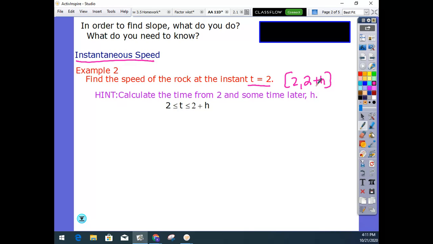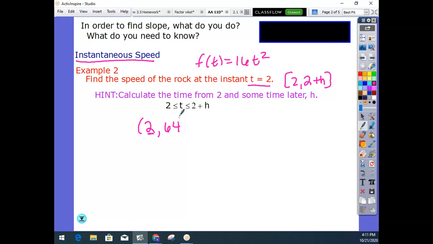All right, this is a little bit complex, but just bear with me for a minute. All right, so when t is 2, we're going to use our same function that we were using before, 16t squared. So if I plug in 2, I know this is 64. That was just what we used the last time.